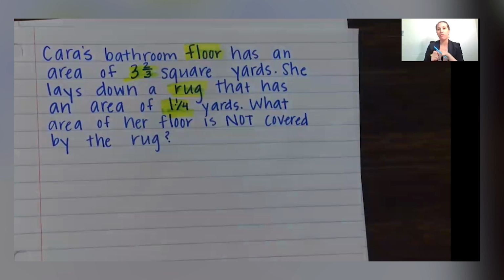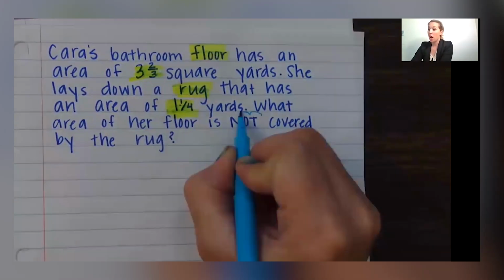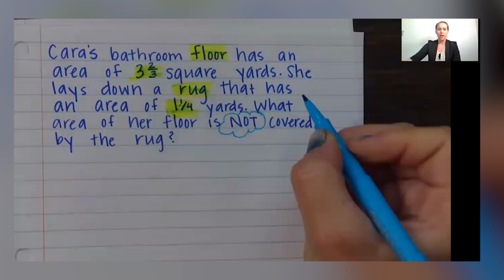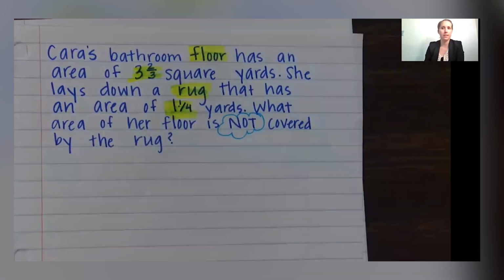What's it asking me to find? Good catch. It wants me to find the section of the floor that is not covered. If I want to know the section of the floor that is not covered, am I going to add these numbers together or am I going to subtract these numbers? You are absolutely right.